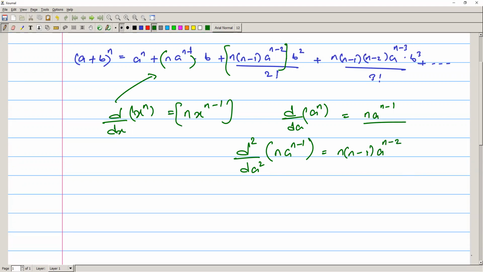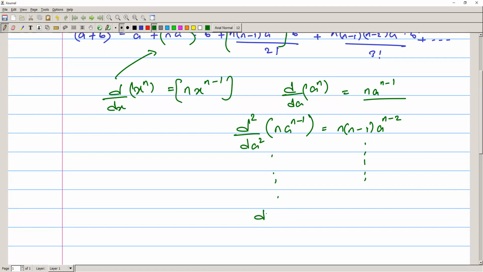If we keep doing this, till which term are we going to do it? It's the derivative of a to the power n, k minus 1 times.